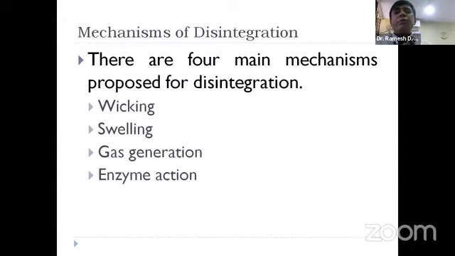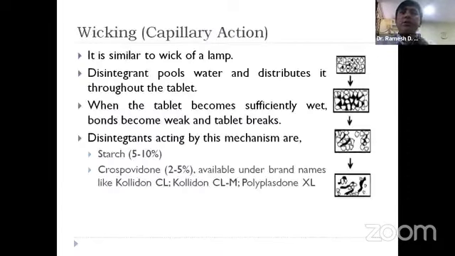There are mainly four mechanisms of disintegration: wicking, swelling, gas generation, and enzyme action. First one is wicking. The water is pulled by capillary action, the same mechanism which takes place in an oil lamp. Due to capillary action, the oil is pulled to the top of the wick and it burns.